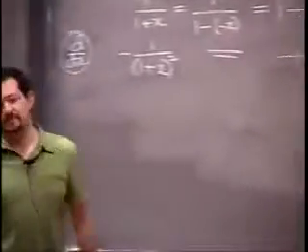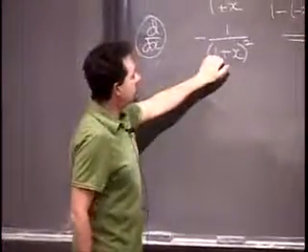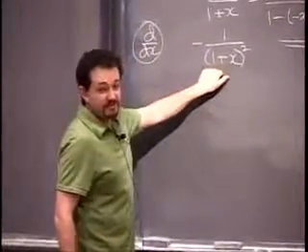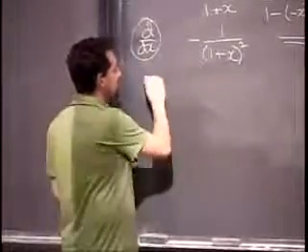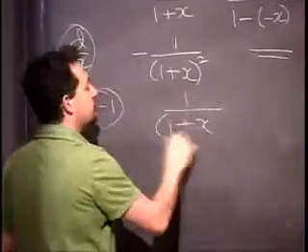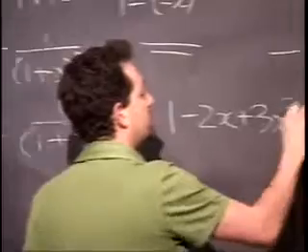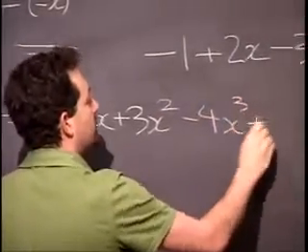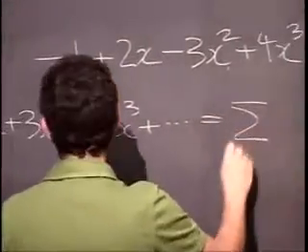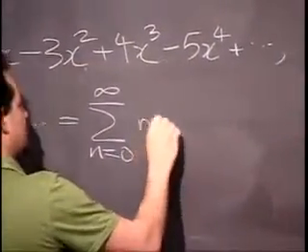There are actually some theorems about whether the differentiated series converges if the other one doesn't, and the same with integration, and I'm not going to get into that. The point is we've got almost the series that we want. We just have to multiply both sides by minus 1, and we'll get 1 over (1 plus x) all squared as the series 1 minus 2x plus 3x squared minus 4x cubed, etc., which we can write in sigma notation.